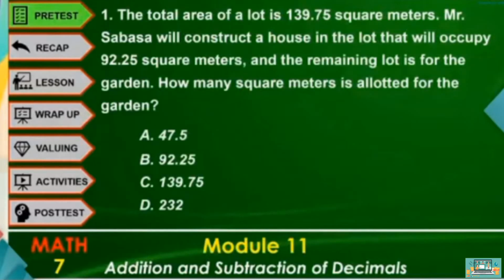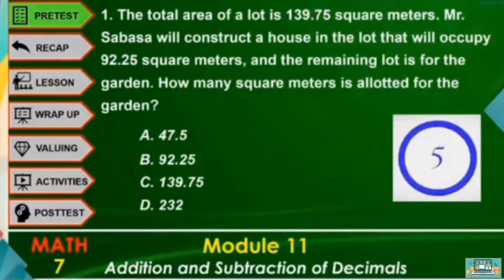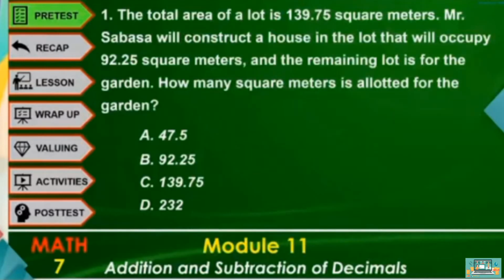A. 47 and 5/10. B. 92 and 2500. C. 139 and 75 hundredths. And D. 232. The answer is A. 47 and 5/10.